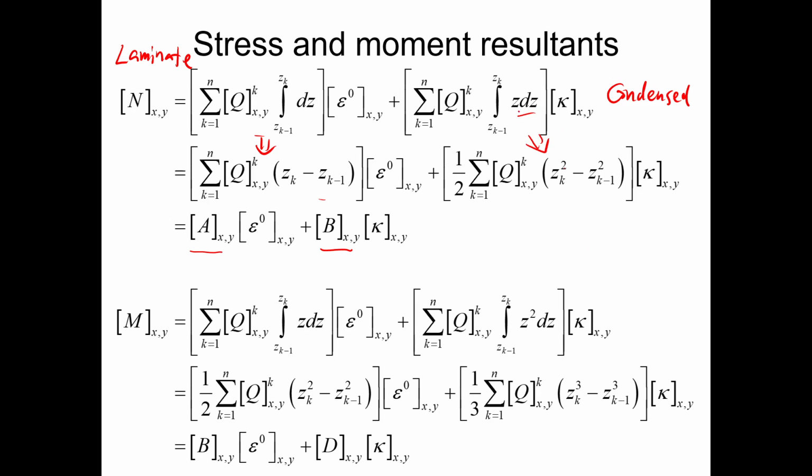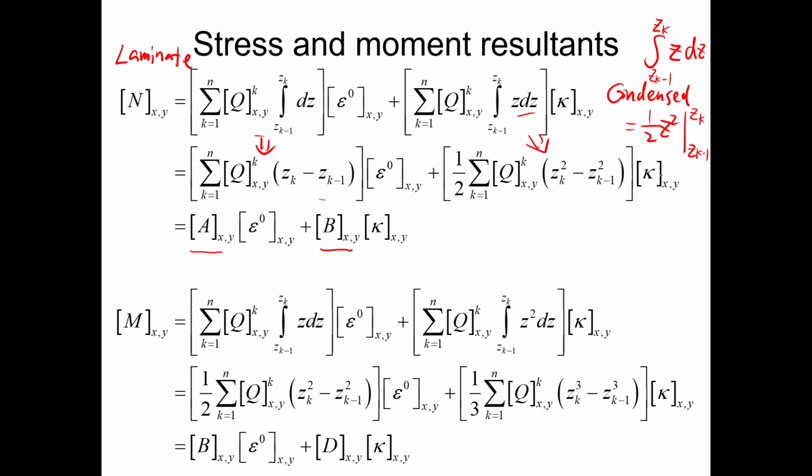The reason for this is you can imagine simply doing an integration against z, dz. That will give you half z squared, from the upper bound zk over the lower bound zk minus 1. So that is the dk and dk minus 1.